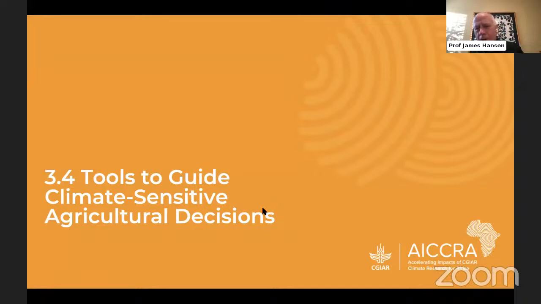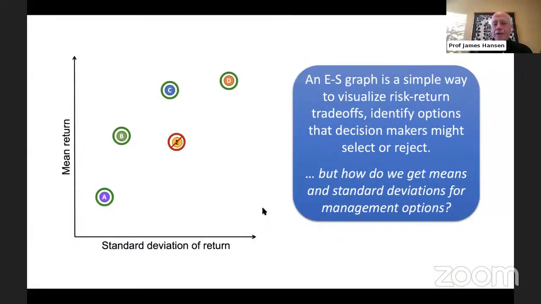I'm going to briefly talk about tools and sources of data that might be used if we're trying to evaluate decision alternatives. So the ES graph that I showed you can be a simple way of visualizing the trade-off between risk and returns.